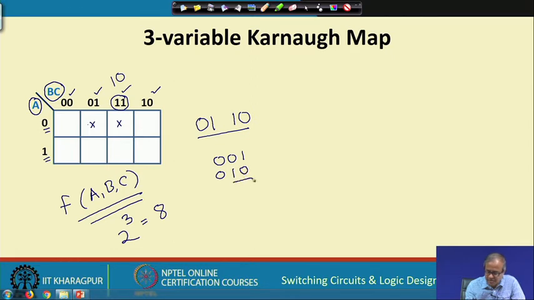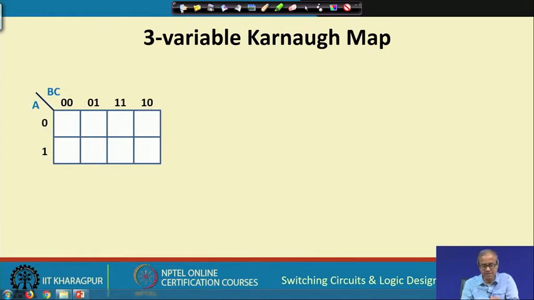So, you see they are differing in 2 variables. So, you cannot do this. So, we label the columns in some kind of gray code count order 0 0, 0 1, 1 1, 1 0, so that they vary in 1 bit position across columns.